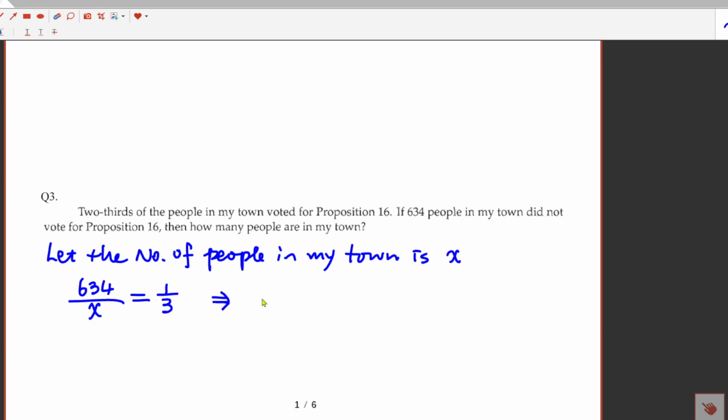And of course, this gives us X equals 634 times 3, which is 1902.